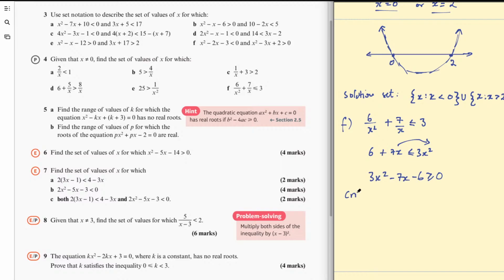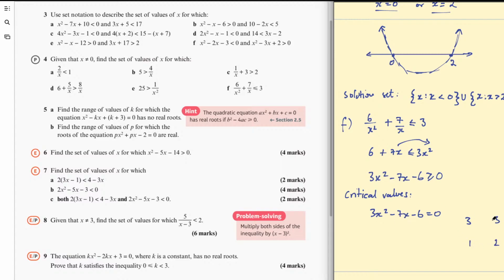Then critical values are when 3x squared take 7x take 6 is equal to 0. Can we factorize? Factors of 6 and 3 to make 7? Well, the only factors of 3 are 3 and 1. And if we multiply 3 by 3 and 1 by 2, we should be able to make 7.